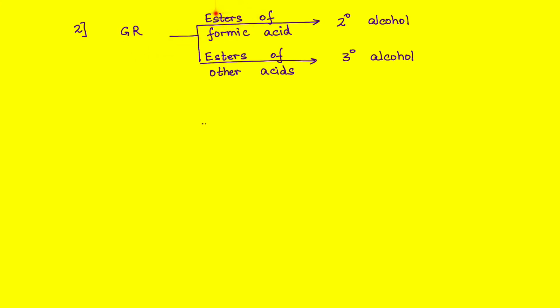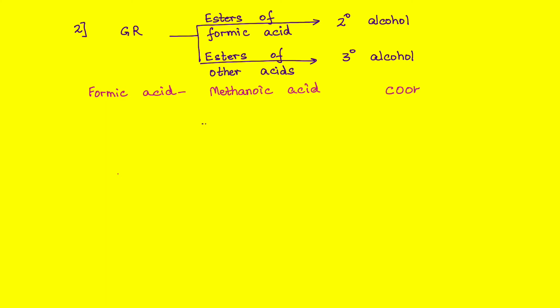Now when we react with esters, again the product is alcohol, but what category of alcohol we will get will depend upon the acid, the parent acid. So if I have the ester of a formic acid, now this formic acid, which is maybe a new term for you, it is the common name of methanoic acid. Meth, 1 carbon atom.